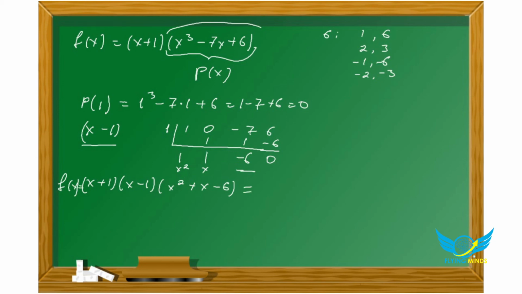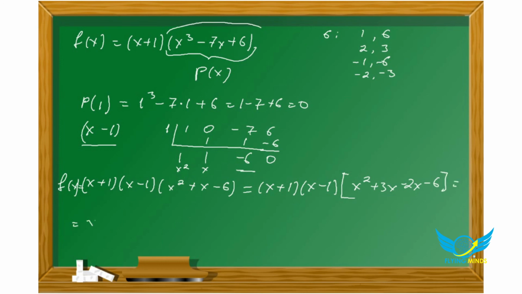And the last step, we need to factor x squared plus x minus 6. This is easy. We know how to factor quadratics. So it will be, right, -6, so it will be 3 and -2. So it's x squared plus 3x minus 2x minus 6.